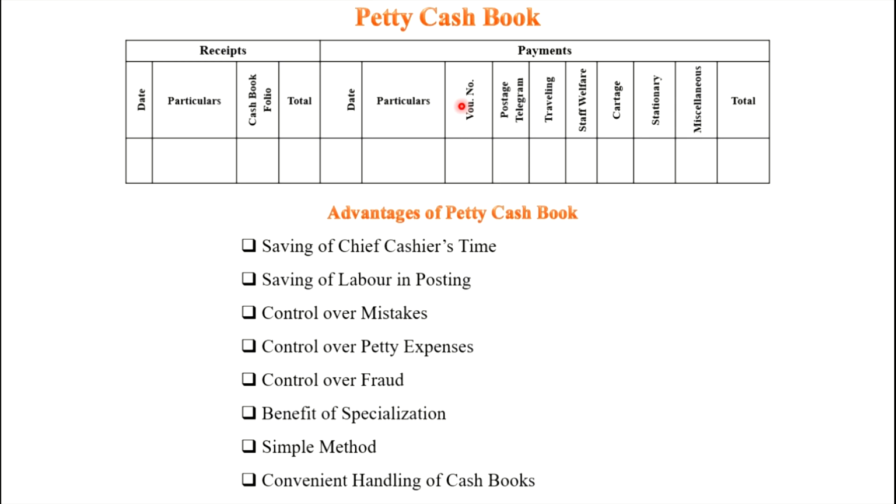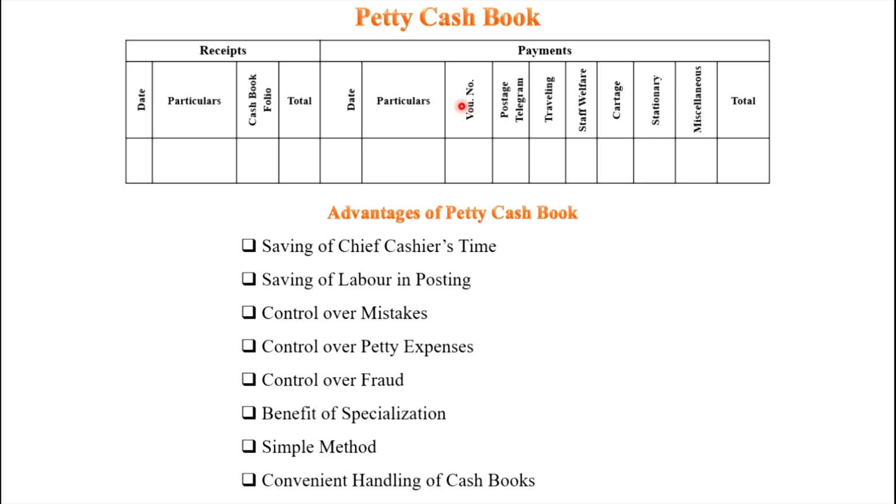At the end of a specific period, for example after 1 month or 1 week, the main cashier will again give the amount to the petty cashier. That's why it is an imprest system. That money is called imprest money, and the petty cashier records all these petty expenses in the petty cash book.